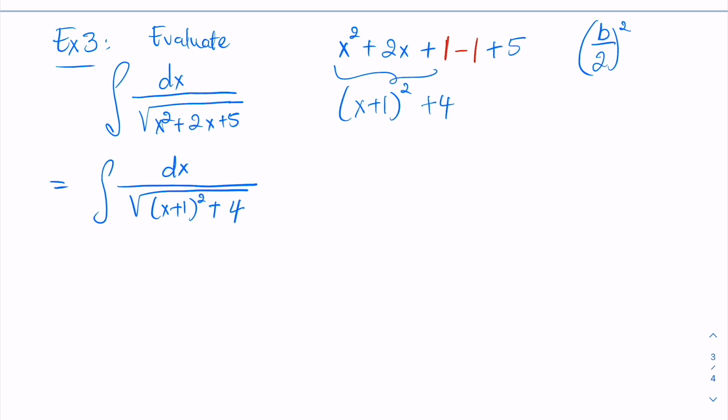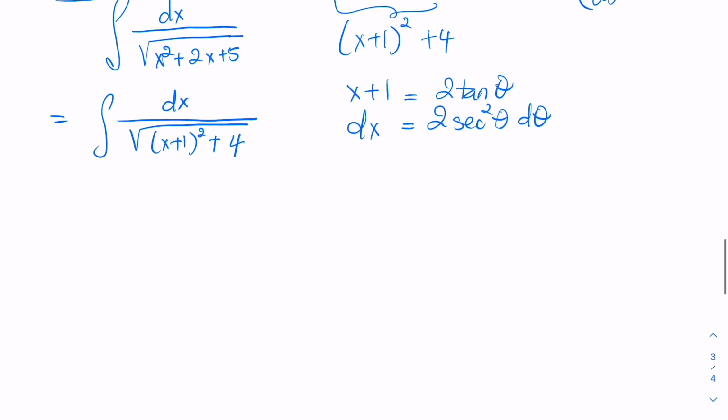So we're going to do the trig substitution now. We're going to let x plus 1 be 2 tangent theta. Therefore, dx is going to be 2 secant squared theta d theta. So now what we have is 2 dx is 2 secant squared theta d theta. And on the bottom, we have 2 secant theta.